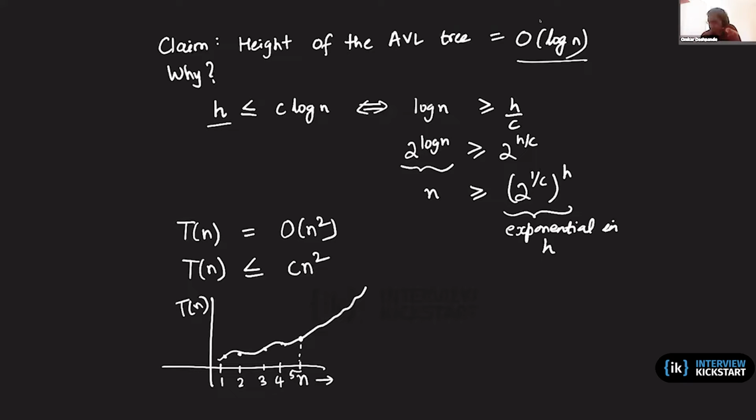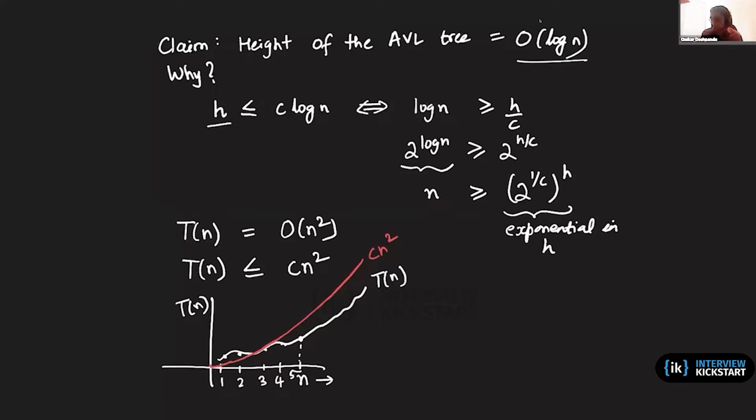The claim is that if t of n is order n square, that means in the worst case there will be some quadratic function of the type c n square which will always be above t of n, or you can say t of n will always be below this function, some constant multiple of n square, for n that is large enough.